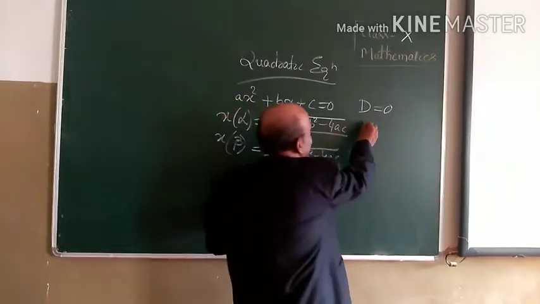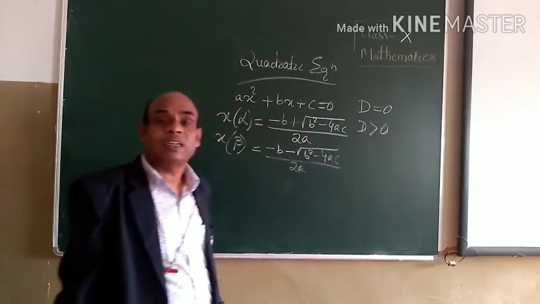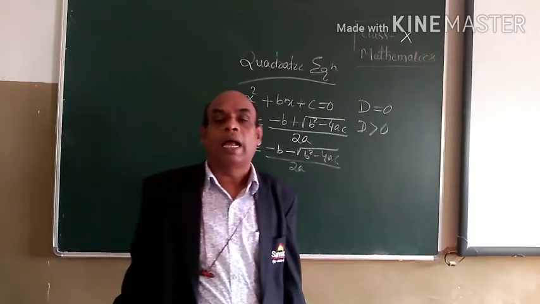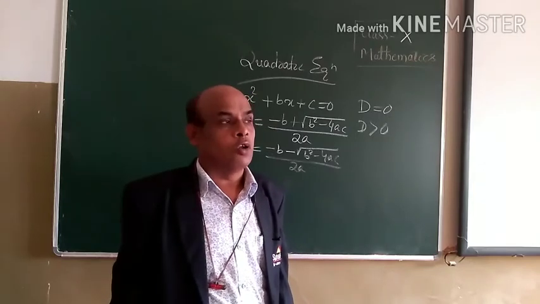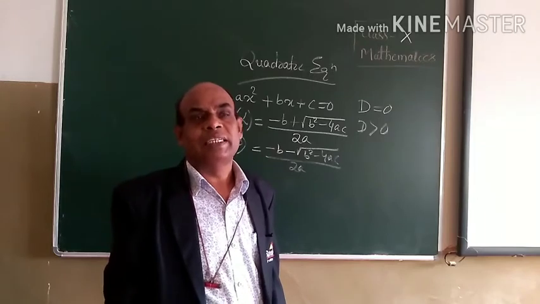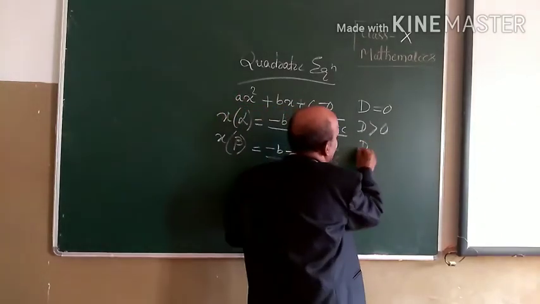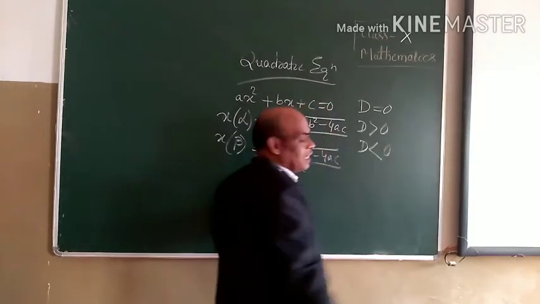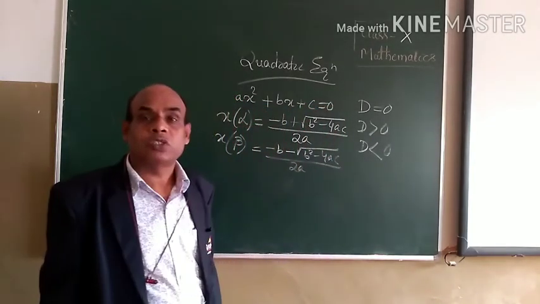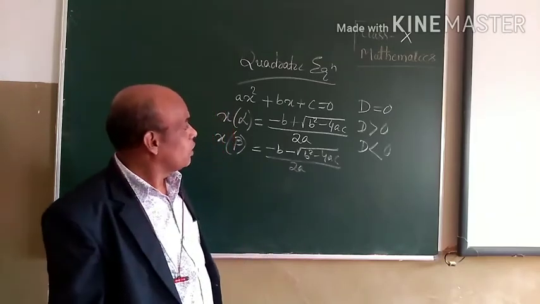If D is greater than 0, roots are real and unequal, otherwise you can say distinct roots. And whenever D is less than 0, no real roots exist. These things we studied previously.